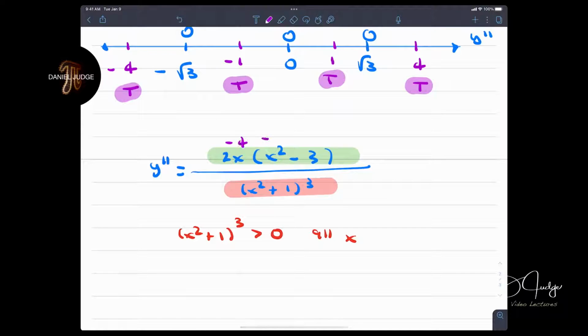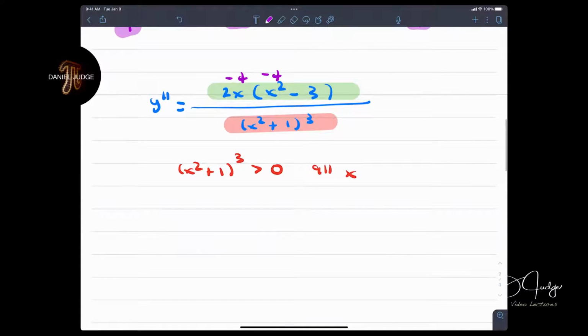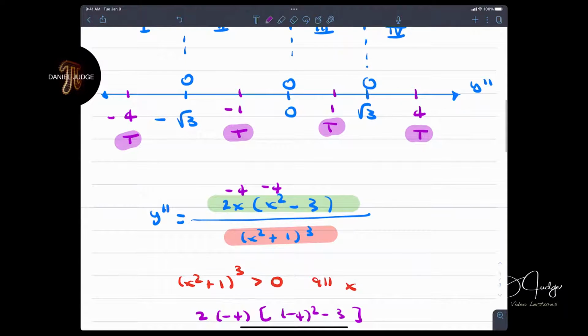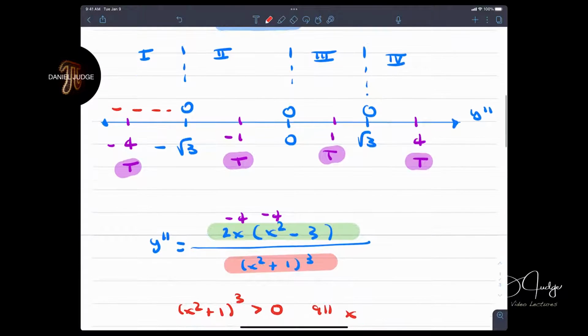So if I plug in a negative 4 as a test point, we'll get 2 times negative 4 times negative 4 squared minus 3. Negative 8, 16 minus 3. I really don't care about the answer, I just care about the sign. So a negative times a positive, region 1 is negative.